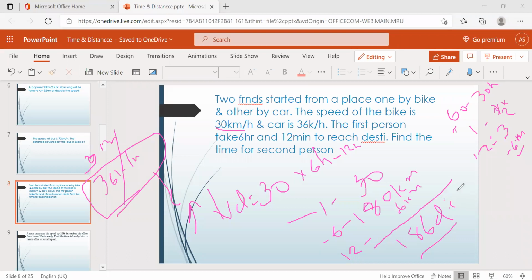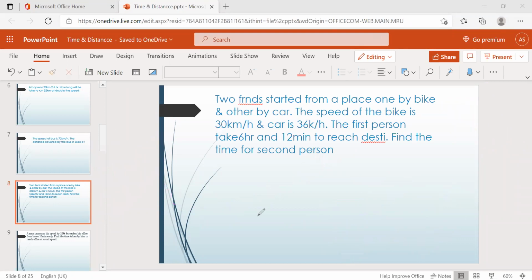Distance or destination, 186. Now for the same destination, the other person travels with 36 kilometers per hour. So it is 186 by 36.